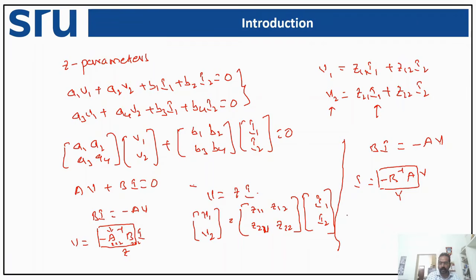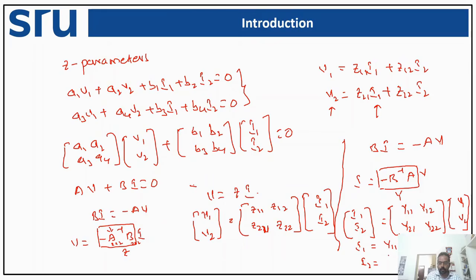If we expand this, where I equals I1 and I2, equal to Y11, Y12, Y21 and Y22 into V1 and V2, we can write I1 equal to Y11 V1 plus Y12 V2, and I2 equal to Y21 V1 plus Y22 V2.